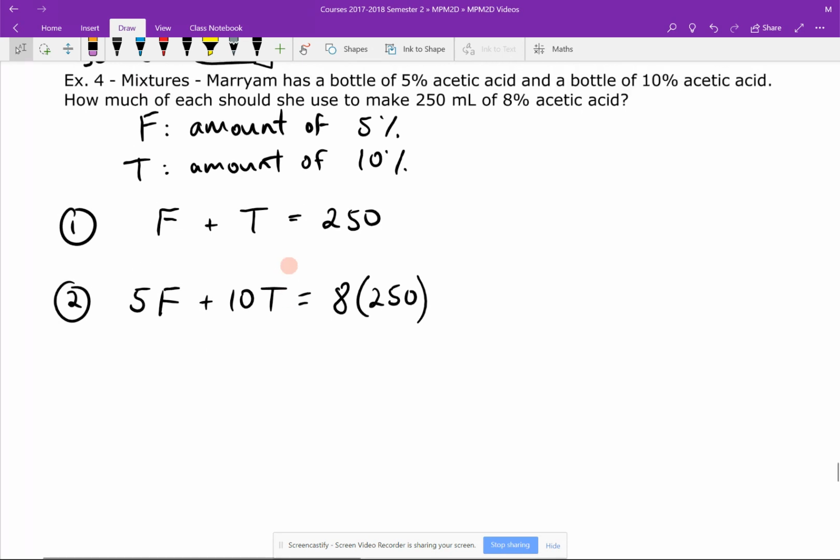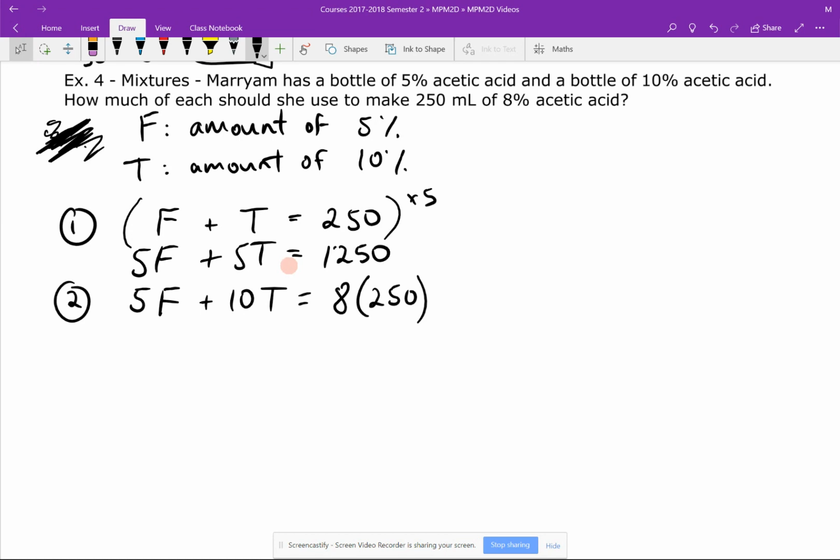I could use elimination here, but before that I have to do some multiplication. What happens if I multiply the first equation by 5? I get 5F plus 5T equals 250 times 5, which is 1250.